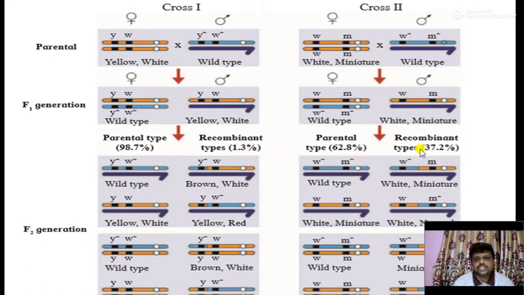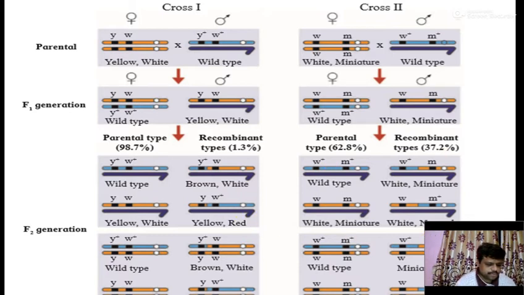And in this cross the recombination was 37.2%, because the genes were loosely arranged on the chromosomes. So crossing over was more possible in the second cross. So they show very few recombinations in the first cross, that is 1.3%.